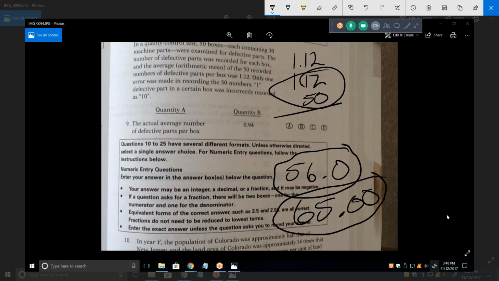If we added up all 50 boxes, we would have come up with 65 defective parts with this mistake. Whereas the true number is 56. Because on one of the boxes, they made a mistake by 9. Okay, so that's what we know so far. Now what we're looking for is the actual average number of defective parts per box.